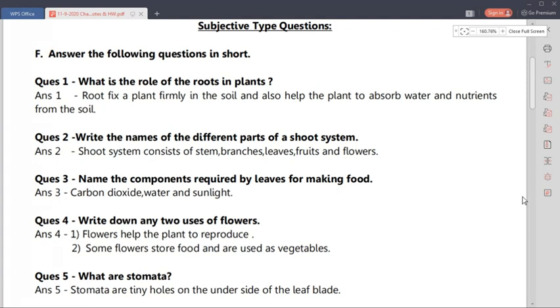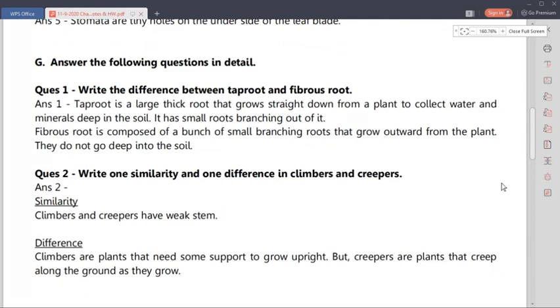Fifth question is, what are stomata? Stomata are tiny holes on the underside of the leaf blade. Next one, answer the following questions in detail. First question is, write the difference between taproot and fibrous root.